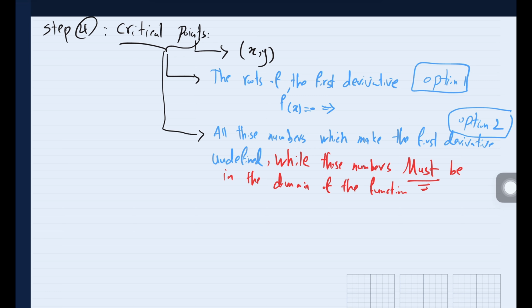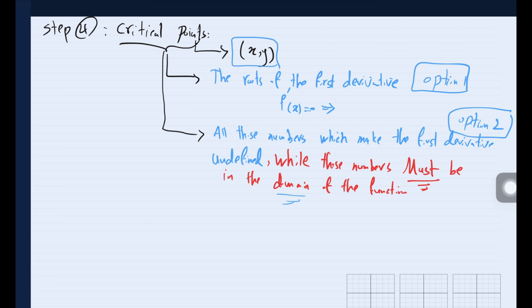However, those numbers must be in the domain of the function, because we're looking for a critical point, and for every single point we have x and y as coordinates. So if x is not in the domain of the function, how would it be possible for any point such as critical points in the Cartesian plane?